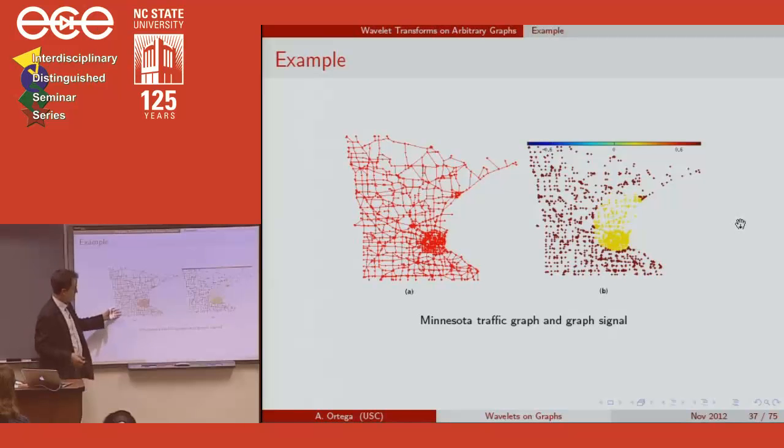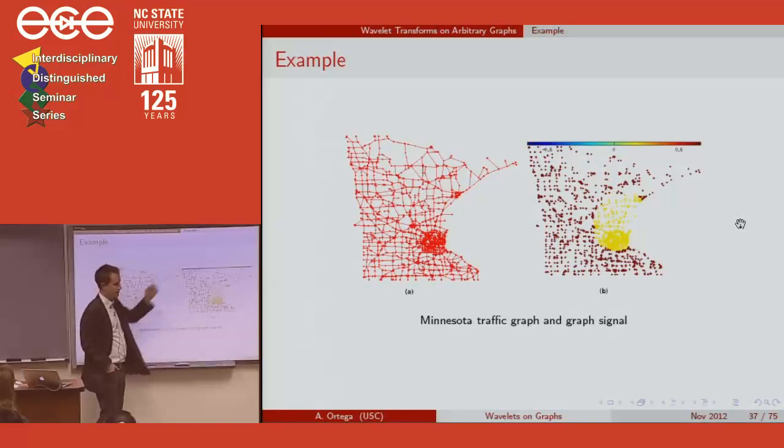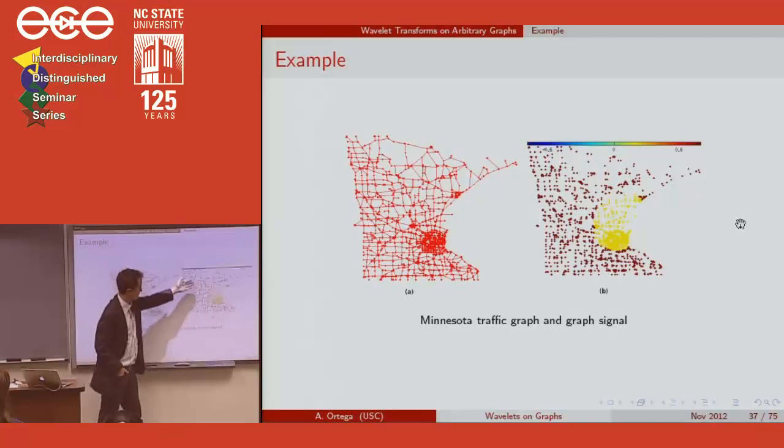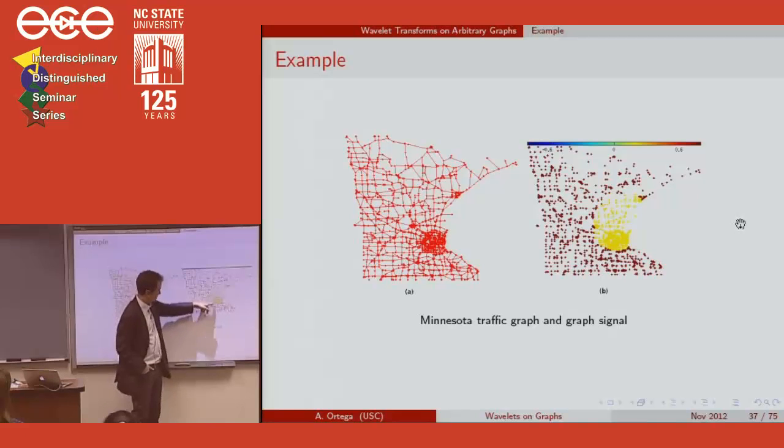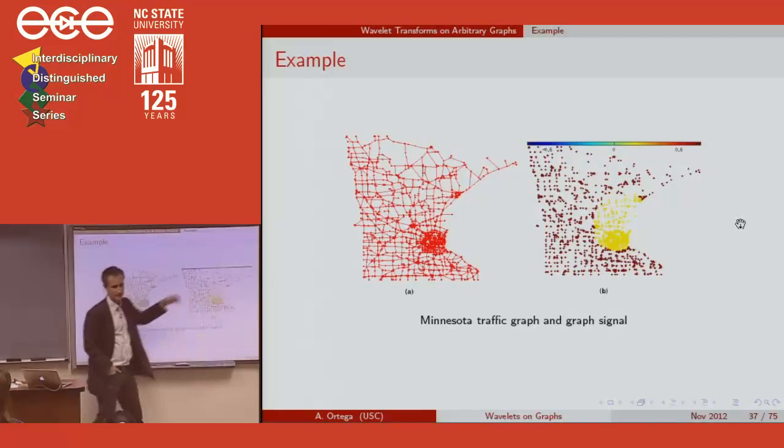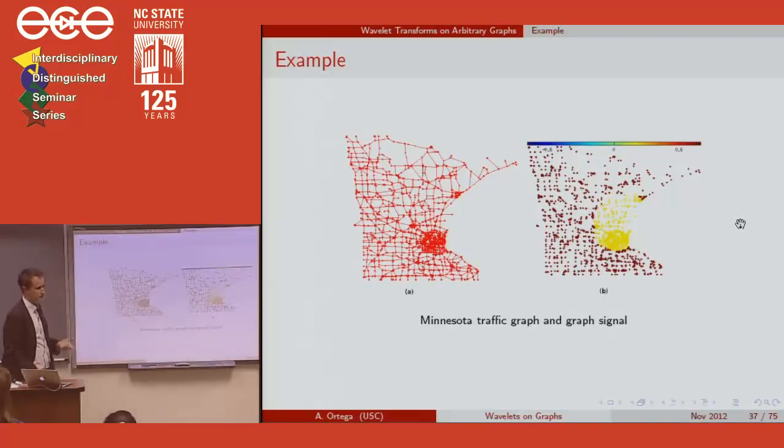So this is the Minnesota traffic graph, and we arbitrarily created a signal on that graph, which has a constant value, and then has another constant value here around the Twin Cities. Okay, so just an arbitrary example. So we have this very complex graph, right? Even though it's a planar graph, but there are lots of connections.